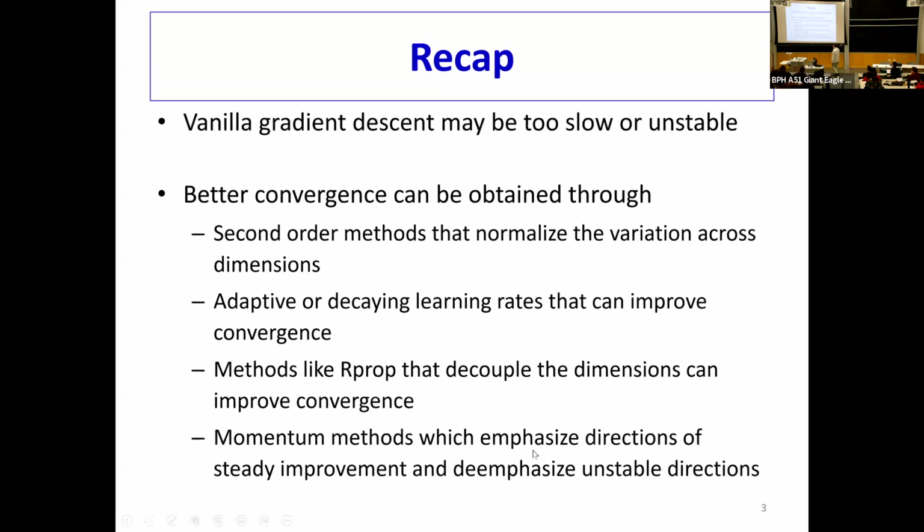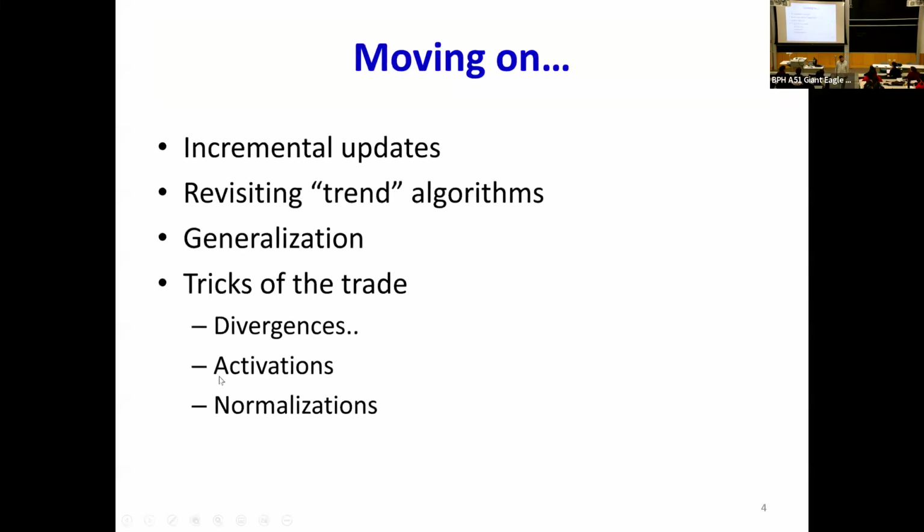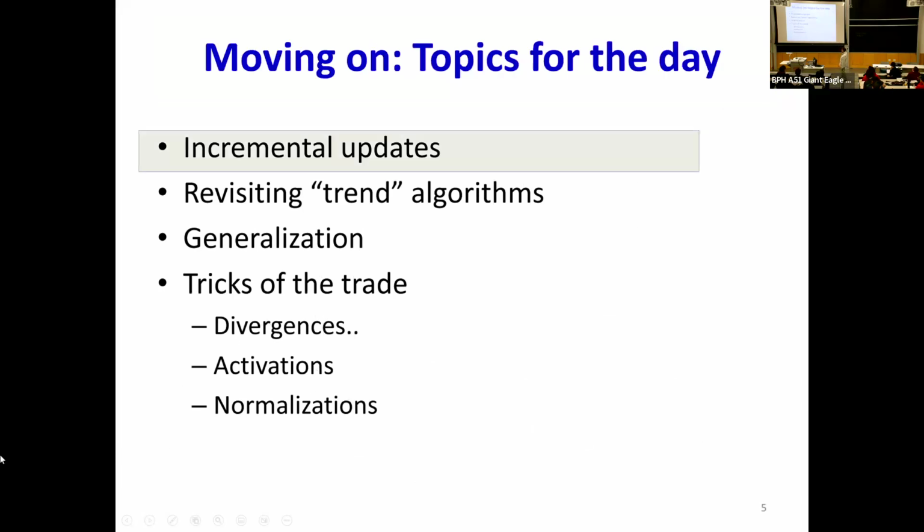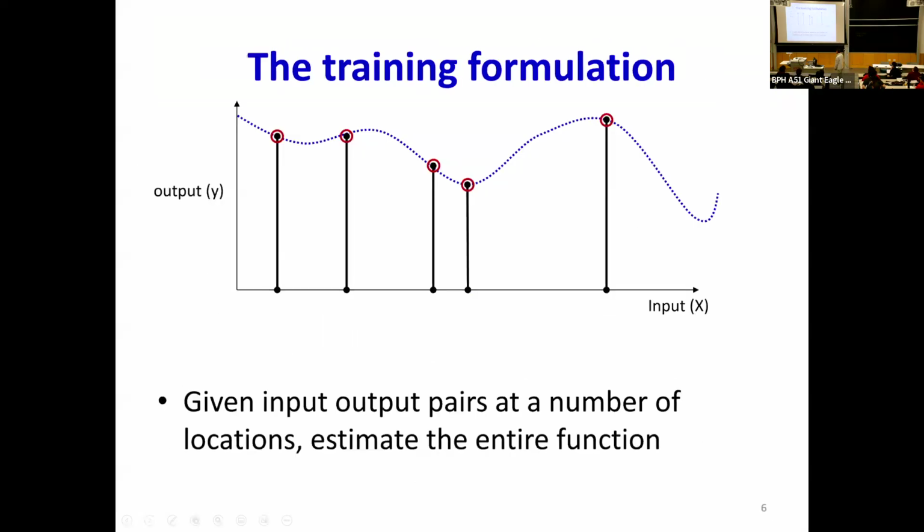Methods like RProp, which decouple the dimensions, can improve convergence, and so can momentum methods, which emphasize directions of steady improvement and de-emphasize unstable directions. So we're going to look at incremental updates, and then some tricks of the trade: generalizations, activations, and normalization. First, incremental updates.